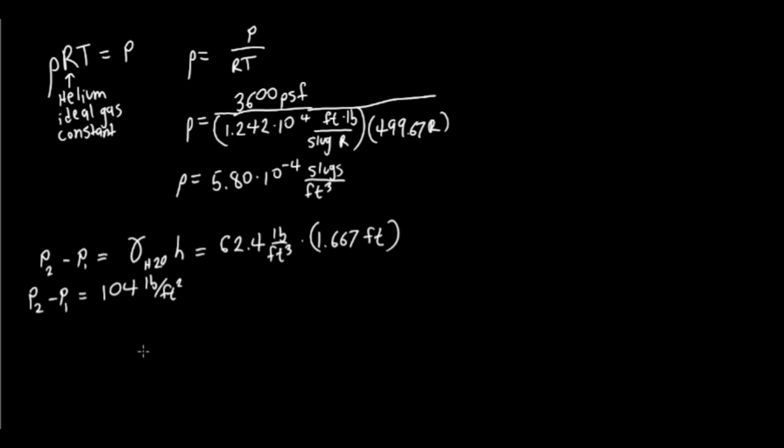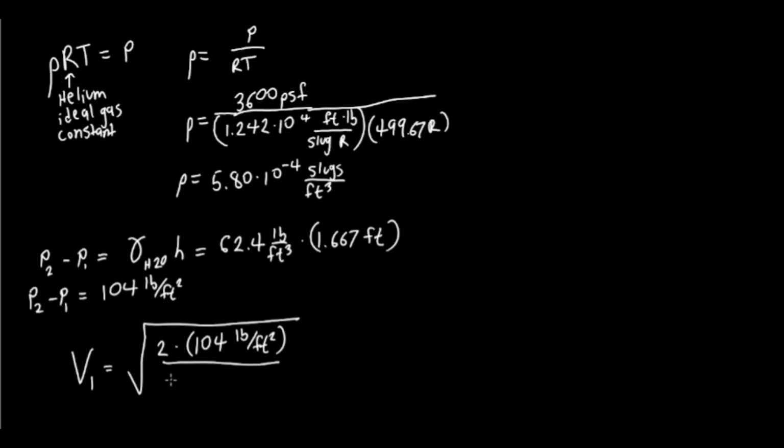And with that, we can go back and resolve our velocity. So I'm going to plug in all the values now. I'm not going to redraw the equation. V1, it's going to be a nice and big expression. We're going to have 2 times 104 pounds per foot squared all over 5.80 times 10 to the negative 4 slugs per foot cubed.